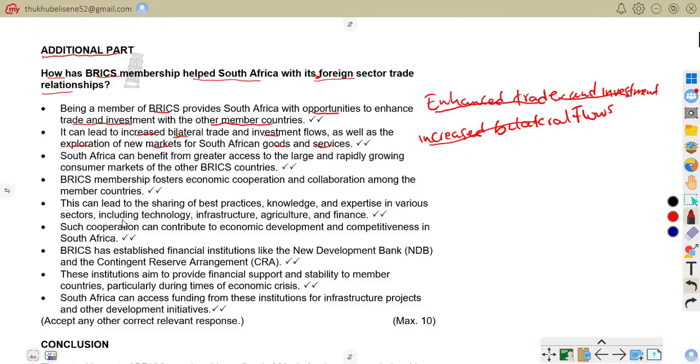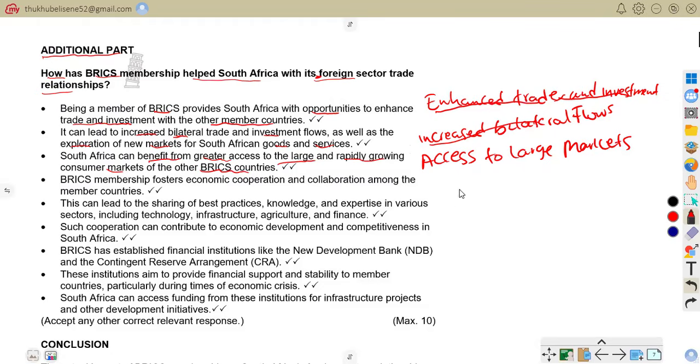That is that. So moving on again, South Africa can benefit from greater access to the large and rapidly growing consumer markets of the other BRICS countries. We are talking about access to large markets.